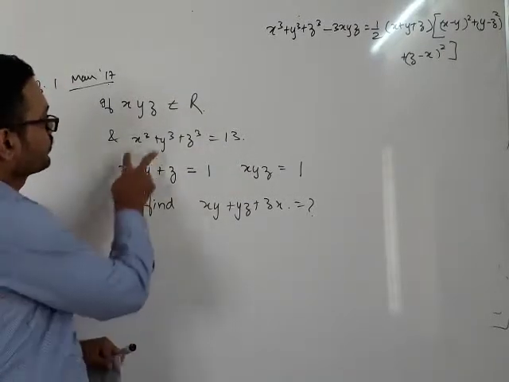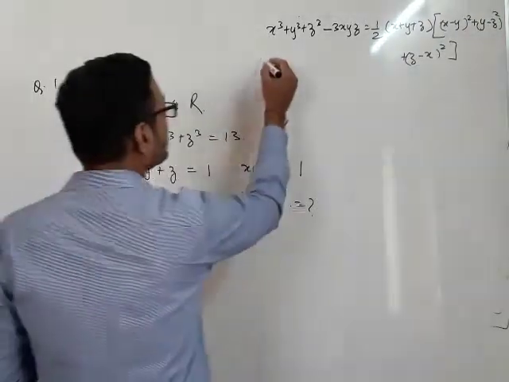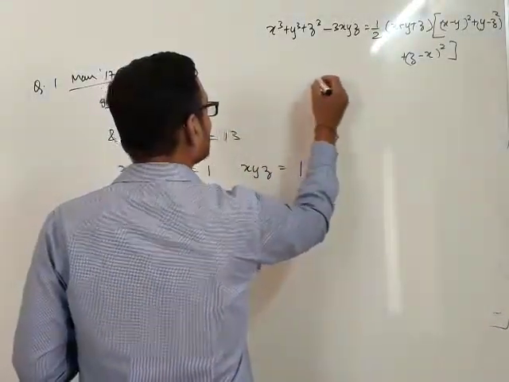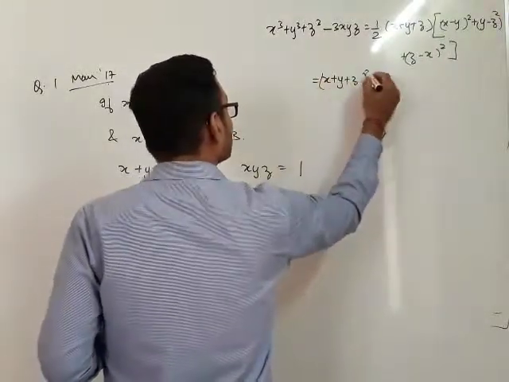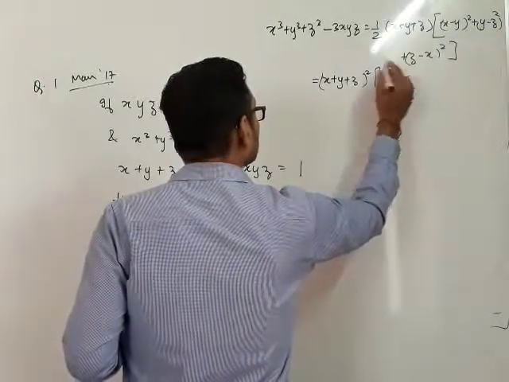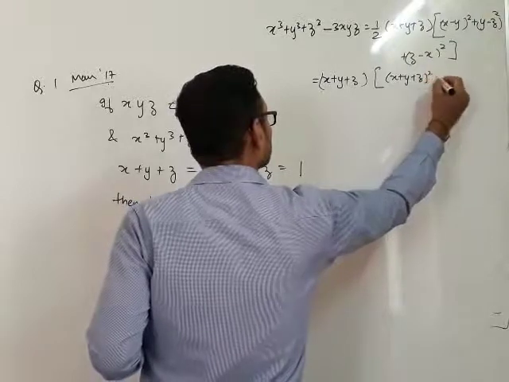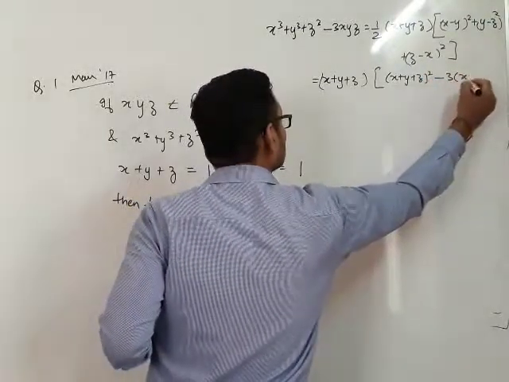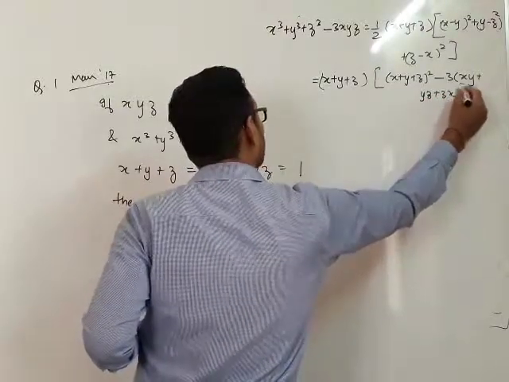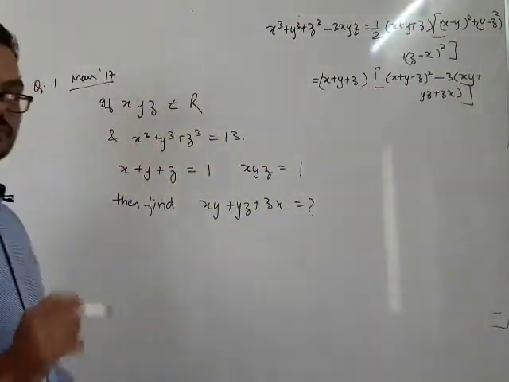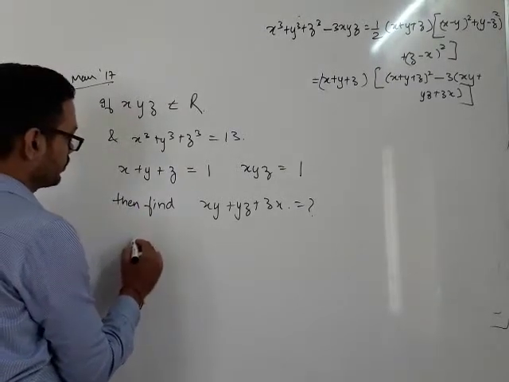Now if you remember this formula, it is based on one of our two formulas, which is x plus y plus z the whole square minus thrice of xy plus yz plus zx. Okay, so it's a simple substitution. First we will write the formula.